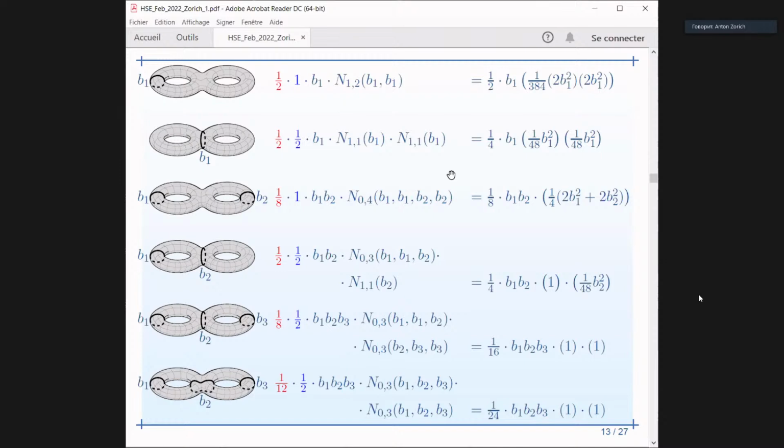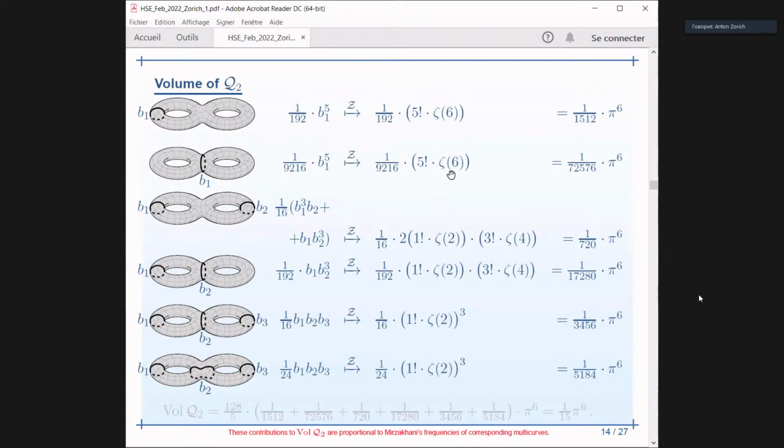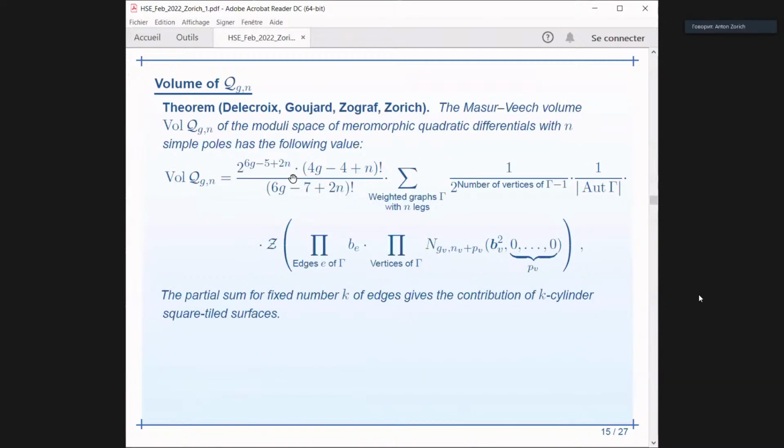You compute these psi classes, you get explicit polynomials, then you apply this funny operator z, you get numbers, and the numbers on the right are the contributions of square tile surfaces corresponding to these particular stable graphs, and you sum up and you get asymptotics in their count of square tile surfaces of genus 2.